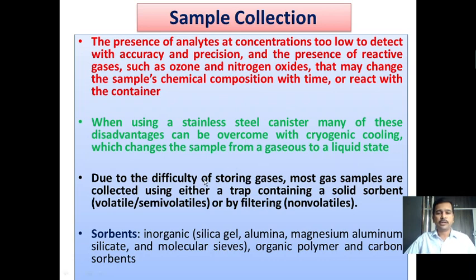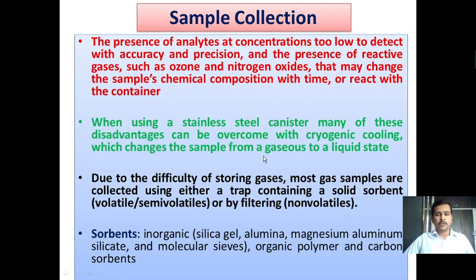Due to the difficulty of storing gases, most gas samples are collected using either a trap containing a solid sorbent, especially for volatile or semi-volatile species, or by a filtering process. And this filtering process is for non-volatiles.